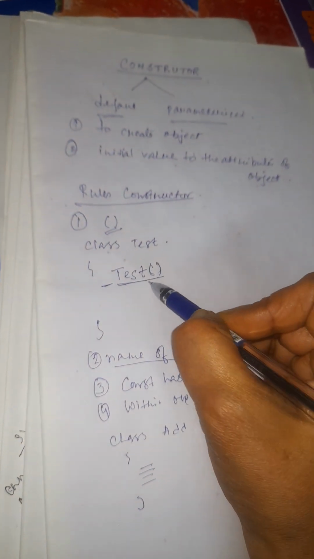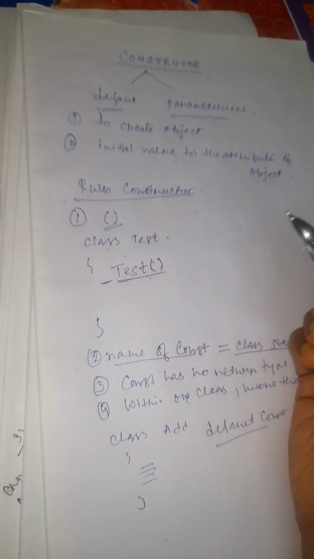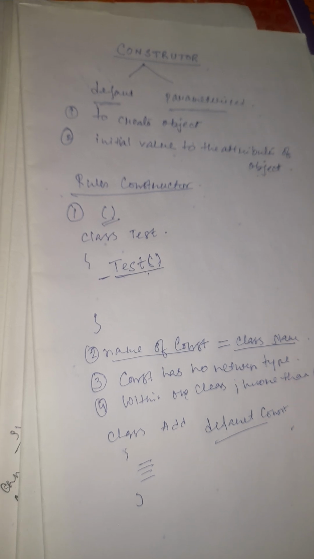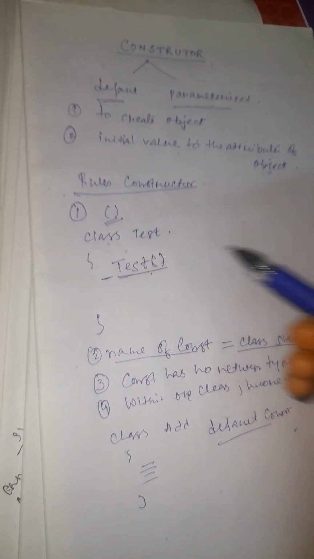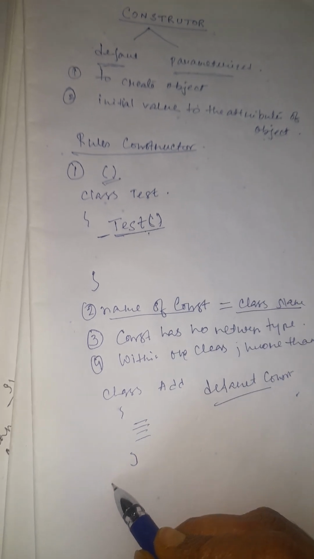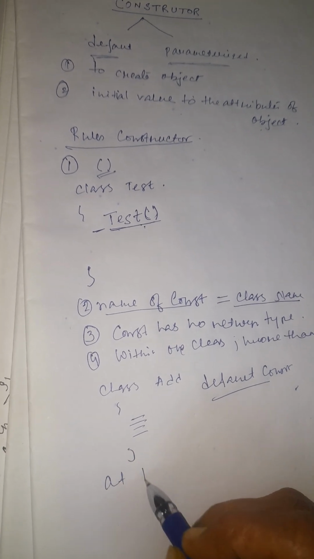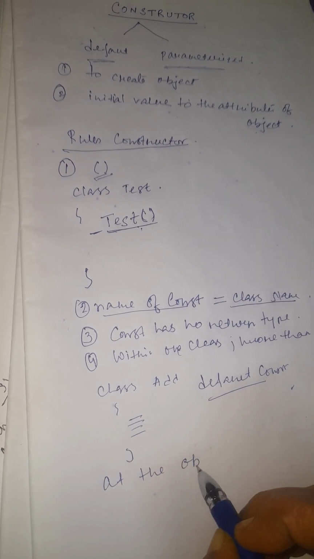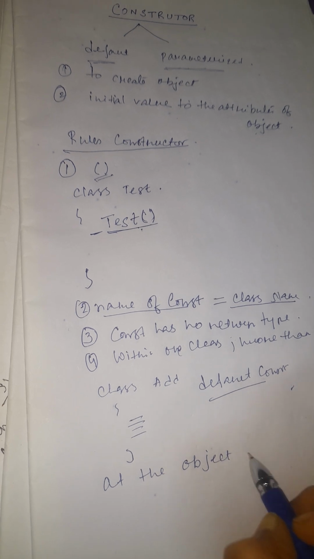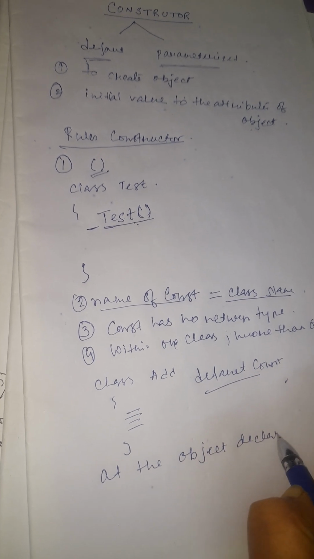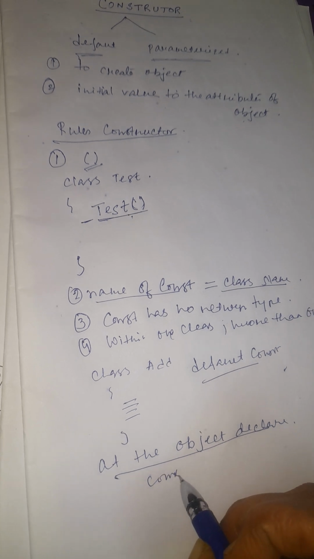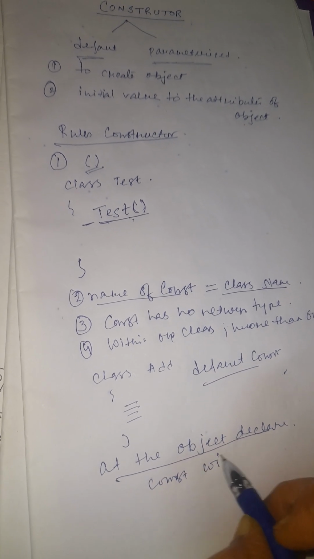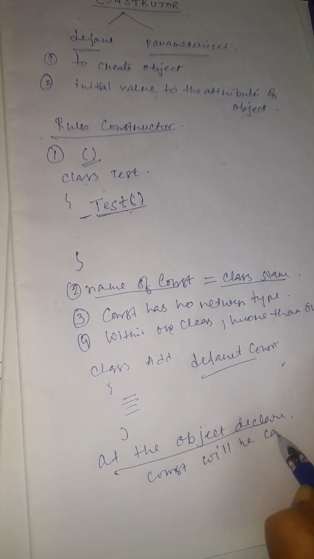Clear? Now the question is that constructor is a method. So method should be called by the user. But is constructor called by the user? No. Constructor will be called at the time of object declaration. When you declare your object, then at the time of the object declaration, constructor will be called. Clear?